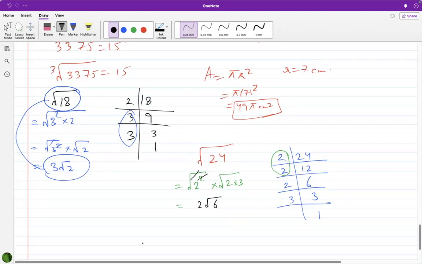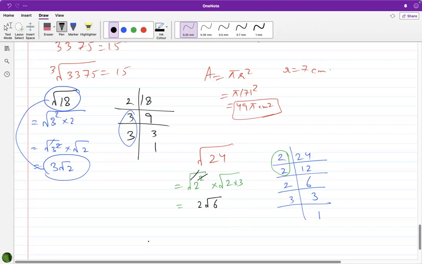Quickly make use of your machine and see, do you get the same answer? Do you have a calculator with you currently? I don't have a calculator with me right now. No issues. You can practice it later.